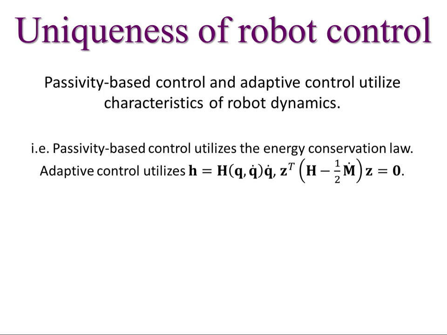For example, passivity-based control takes advantage of the energy conservation law, which is a physical property of robots. Adaptive control takes advantage of the characteristics of the centrifugal Coriolis term and the fact that a part of the dynamics is represented by a skew-symmetric matrix.